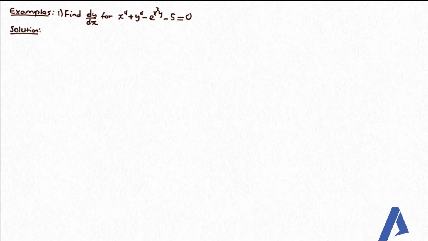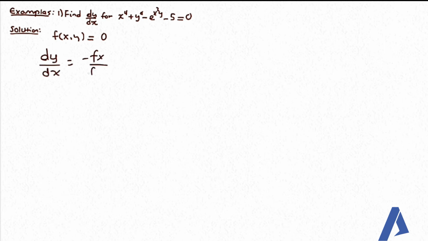as an example ይህንን ማየት እንችላለን። ስለዚህ ምንድነው የሚለው find the derivative of y with respect to x for the function x to the power of 4 plus y to the power of 4 minus e to the power of x square y minus 5 is equal to 0. ስለዚህ this is simply f of x y is equal to 0 form already ተቀምጦልናል። ስለዚህ እኛ ምንድነው የምናደርገው dy by dx directly ፎርሙላ መጠቀም ነው minus fx over fy.